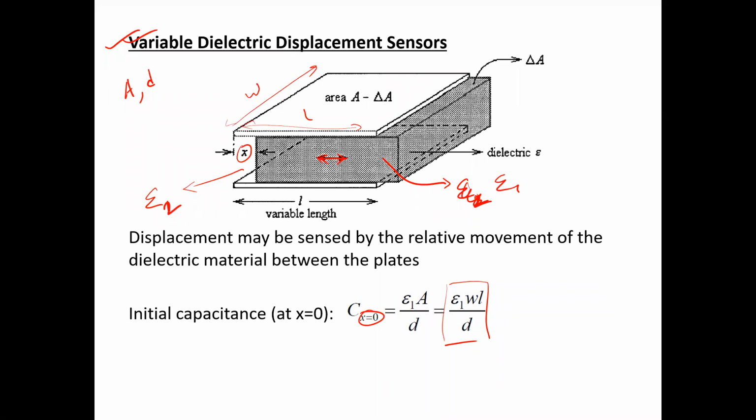So in that case we can rewrite the equation of capacitance with respect to both the permittivities. For epsilon 1 the effective area will be A minus delta A, and for epsilon 2 the effective area will be delta A. The delta A is nothing but W into x.